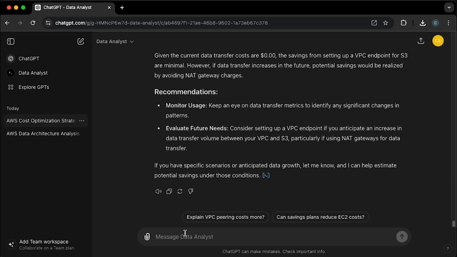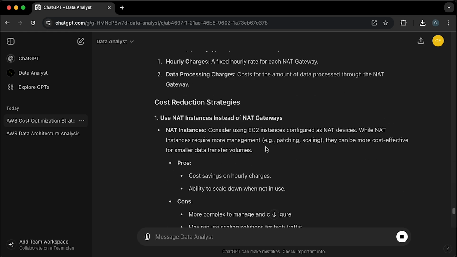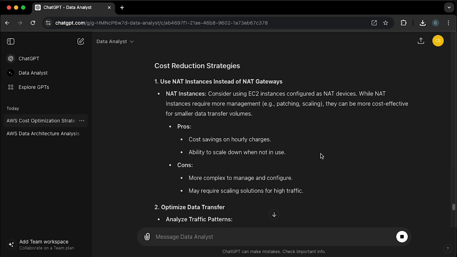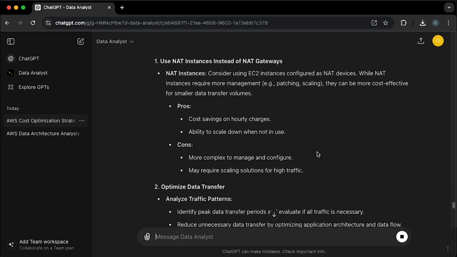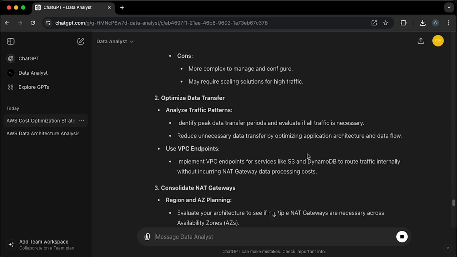Since VPC endpoints aren't going to result in any cost savings, let's go back to the NAT gateway to see if we can identify any opportunities there. So when we get down to the cost reduction strategies for the NAT gateway, ChatGPT is recommending some best practices here for managing your NAT gateway costs.